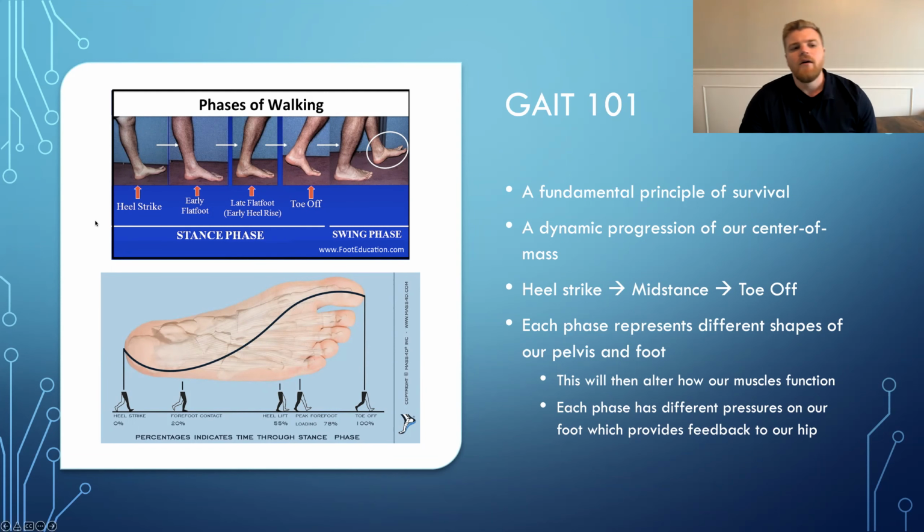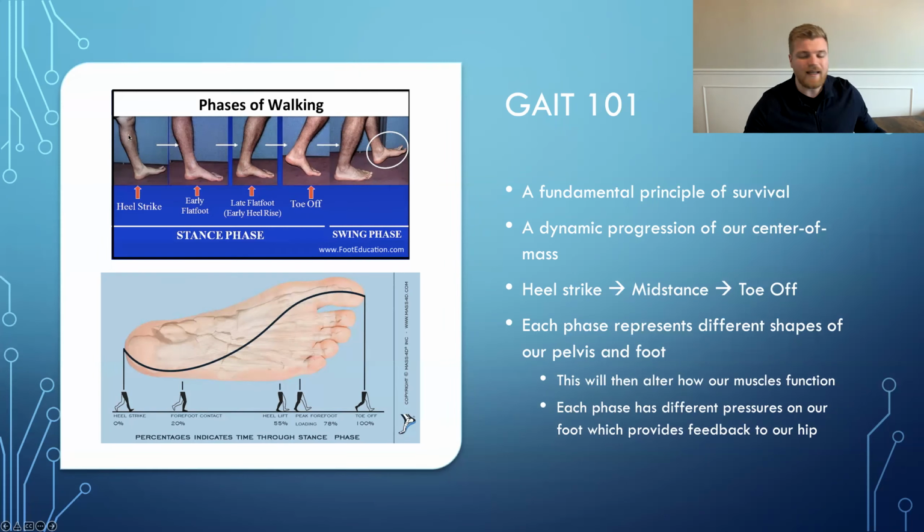So as I mentioned, we want to look at gait as a progression of our center of mass. If we look at this arrow here, we can see how the shin progresses forward. And what I like to do is look at the shin as an indication of where our center of mass is. So in this first phase here, we can see how the tibia, or the shin bone, is behind the laces of the foot.